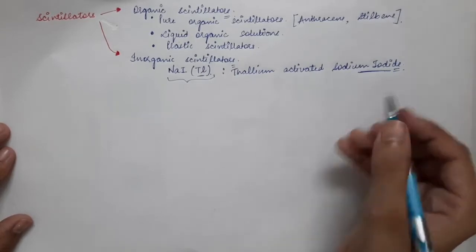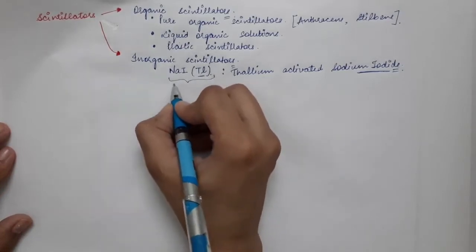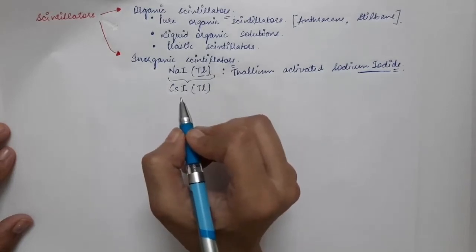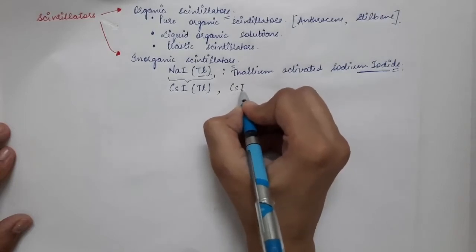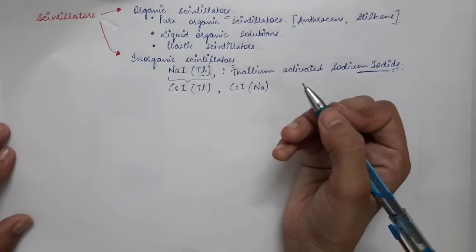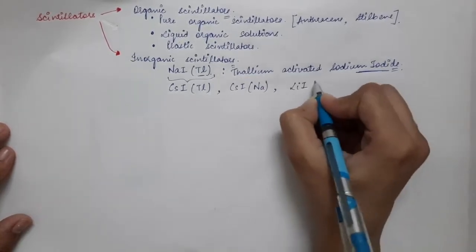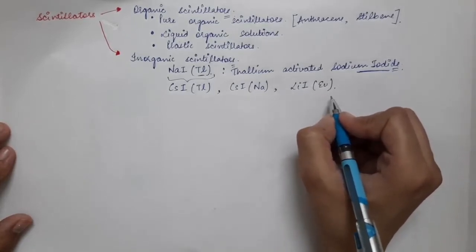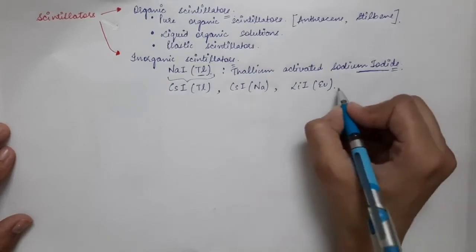Now another type of inorganic scintillator used is cesium iodide, thallium activated cesium iodide. And then we also have sodium activated cesium iodide. Then we also have lithium iodide, europium activated, this is called europium activated lithium iodide.